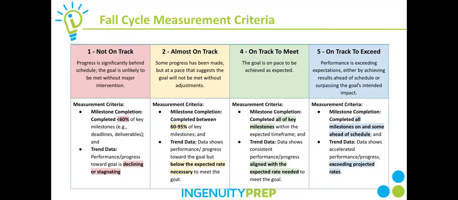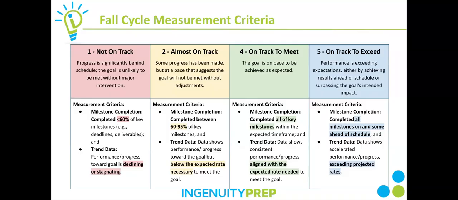Level 1, not on track, means that less than 60% of milestones are complete and progress is flat or declining. Level 2, almost on track, means that 60 to 95% of milestones are complete, but progress is lagging the pace ultimately needed to meet the goal.